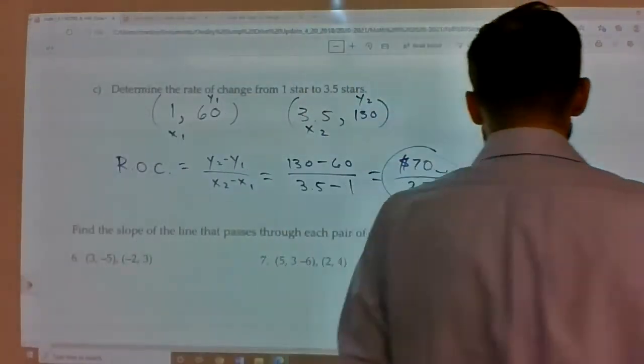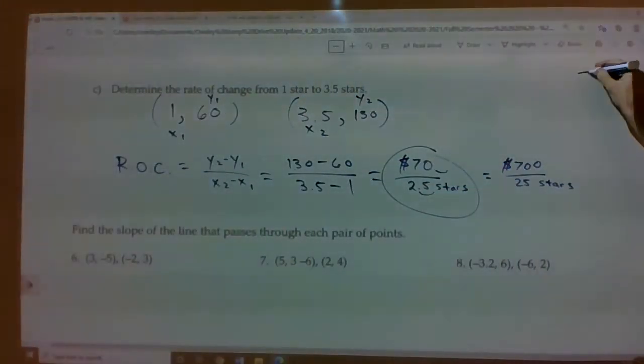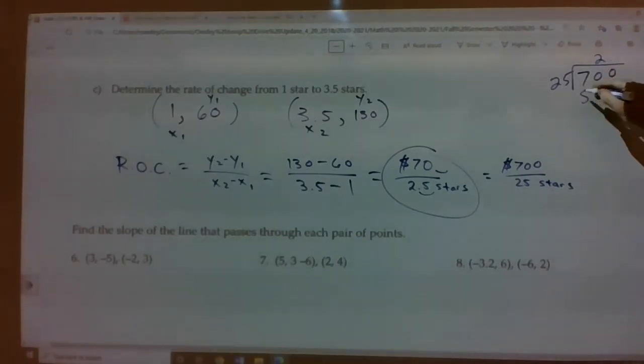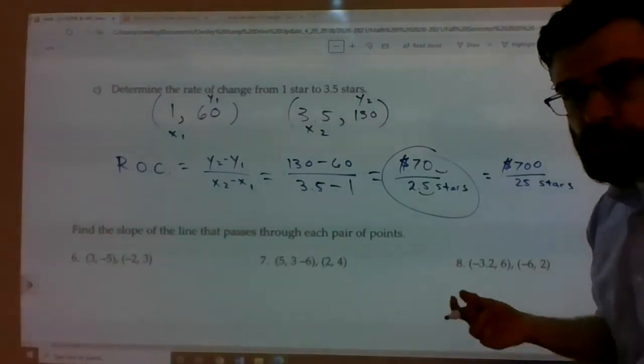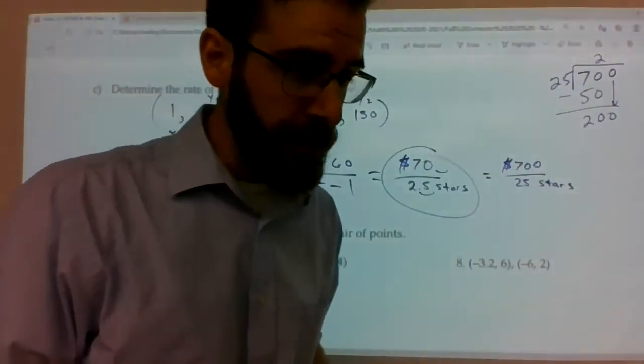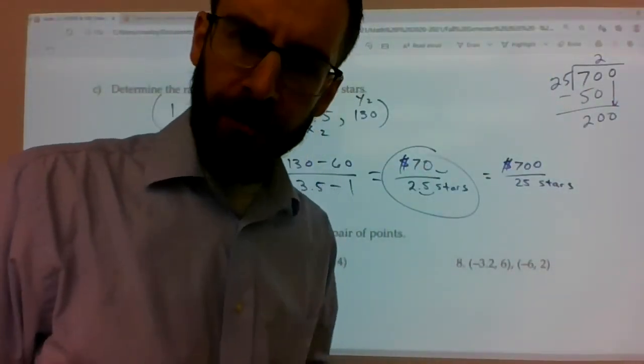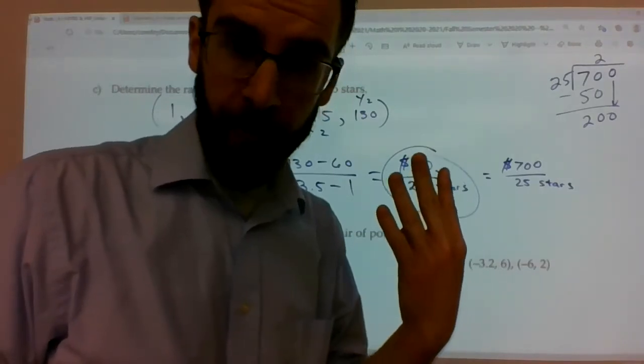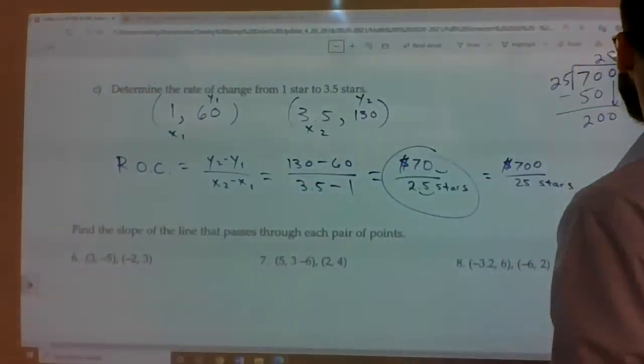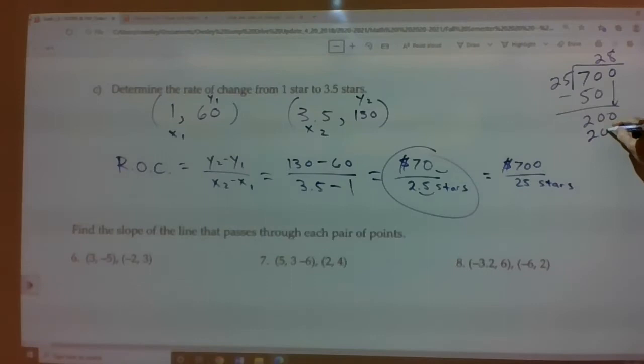So if we cut 700 divided by 25, I think we can actually divide the whole thing out. 25 goes into 70 twice. You get 50 here. Subtract it, you get 20. Drop a 2. 25 goes into 200. Well, it goes into 100 4 times. So 200 is double that, 8 times. Okay. So what have we figured out?